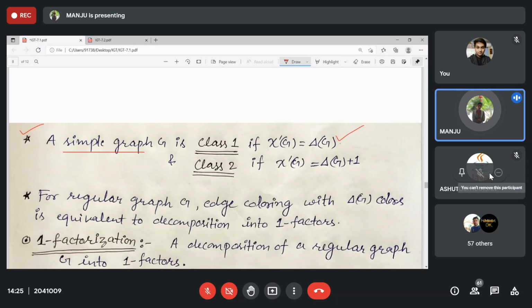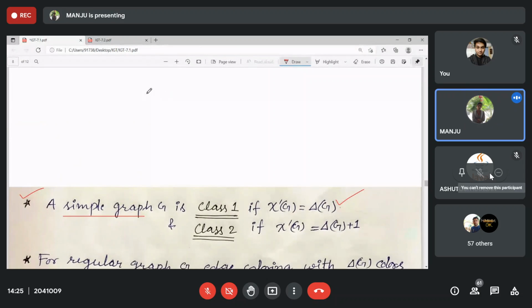Now you have one-factorization. Whenever you have a regular graph with degree r, delta will also be r, because the maximum degree is the maximum out of all these degrees, and for all we have r.